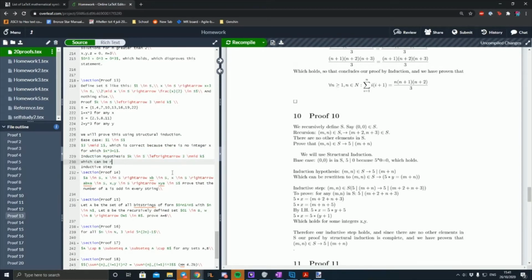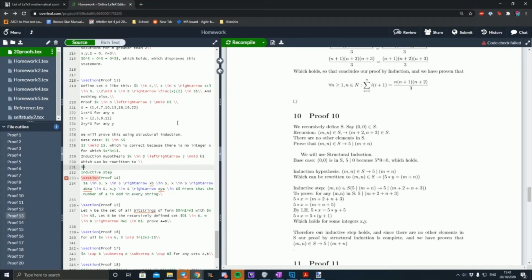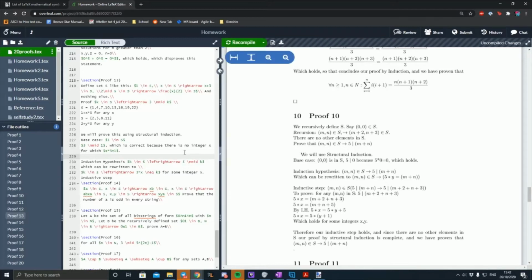Which can be rewritten to: k in S left-right arrow 3 times x is not equal to k for any integer x. Let me add some more enter signs here.